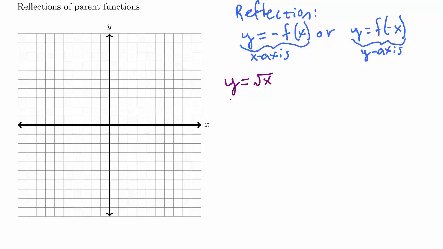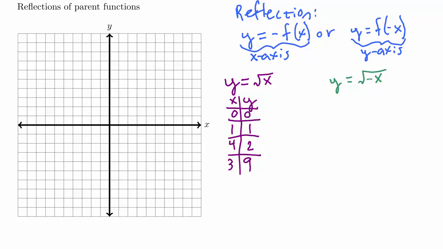And for the square root of x, you already know the parent function, xy, is 0, 0, 1, 1, 4, 2, and 9, 3. And what I want to do is make this into y equals the square root of negative x.